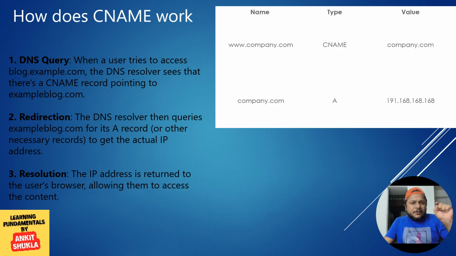That authoritative server holds the DNS zone file, which has the appropriate DNS records for company.com, the original or root domain name. The CNAME record is returned to the client.